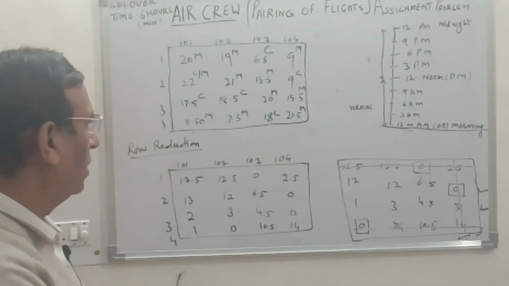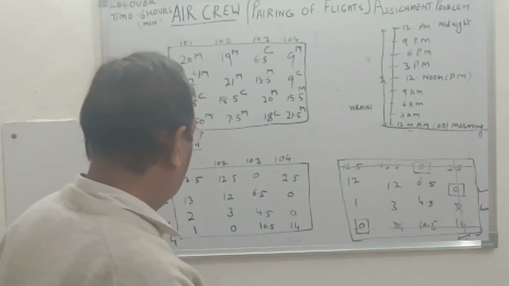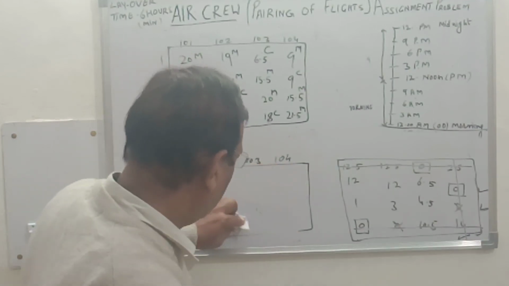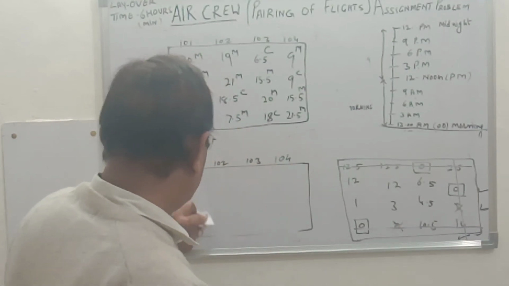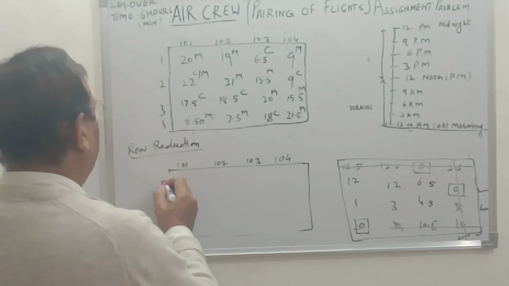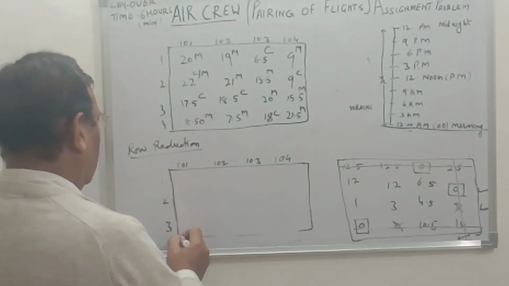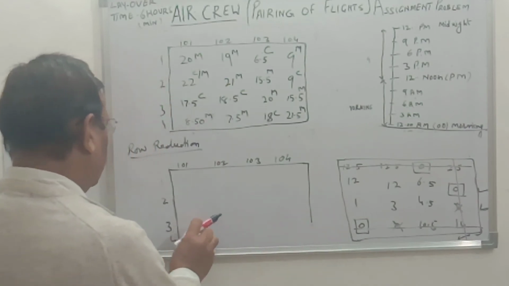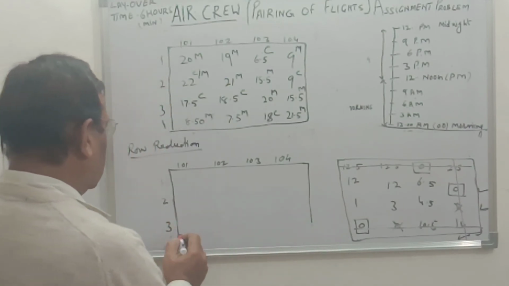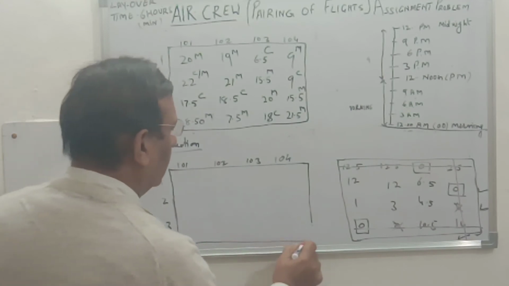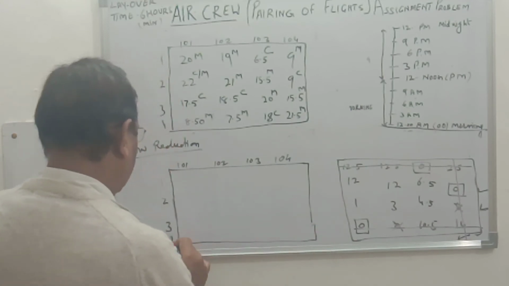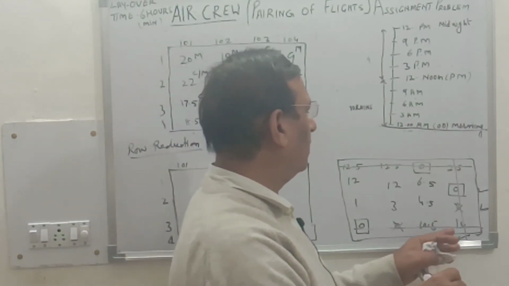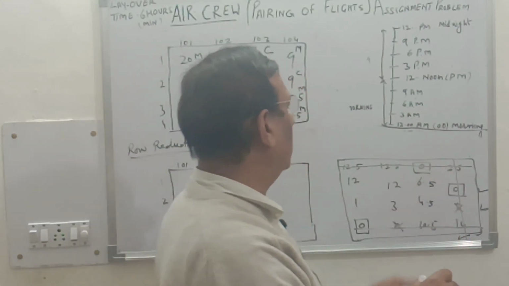Now we have to reduce this by selecting the minimum uncovered element, subtracting it from all the uncovered elements, and the minimum element is added at the point of intersection of 2 lines.